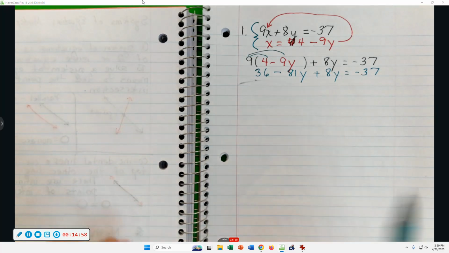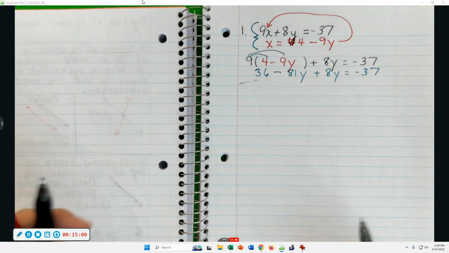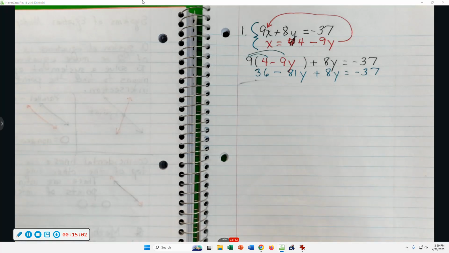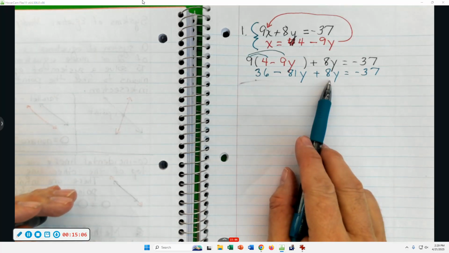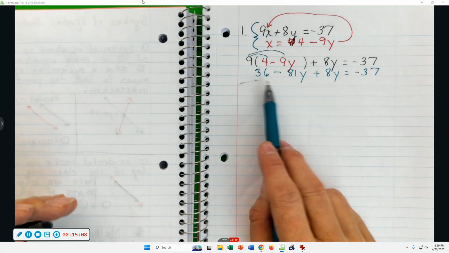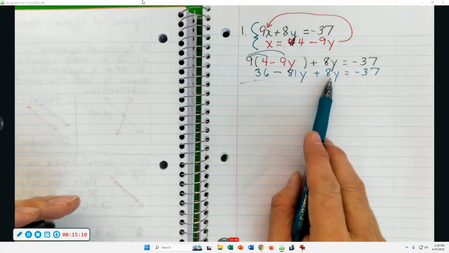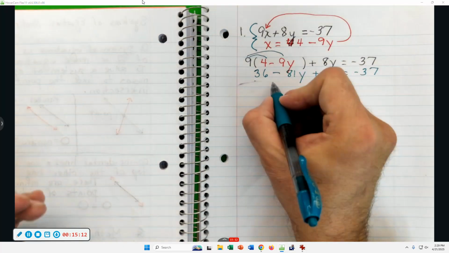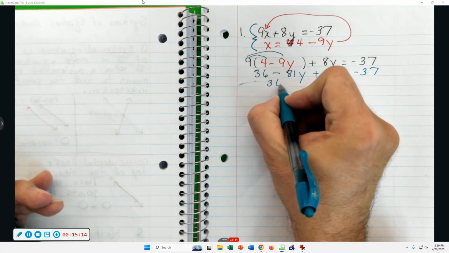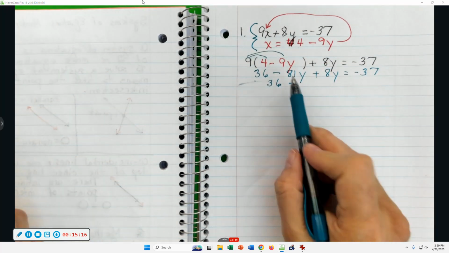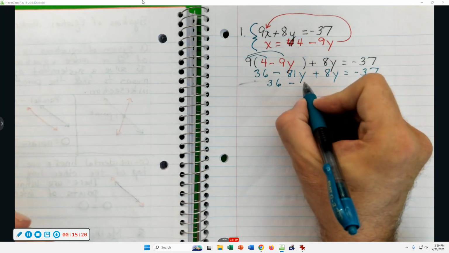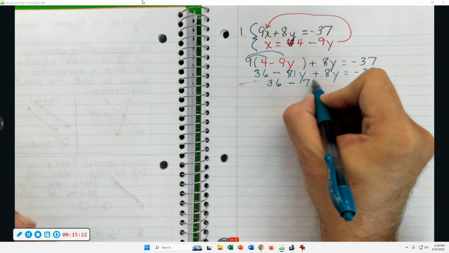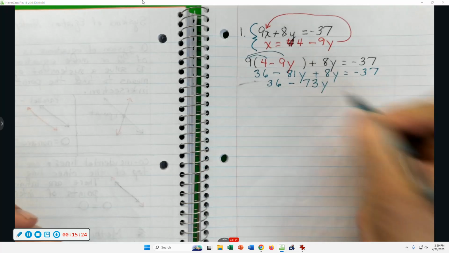Could we get the y by itself? Oh yeah, but first let's combine the two y's. Negative 81y plus 8y. I have 36, and what's negative 81 plus 8? It's negative 73y.